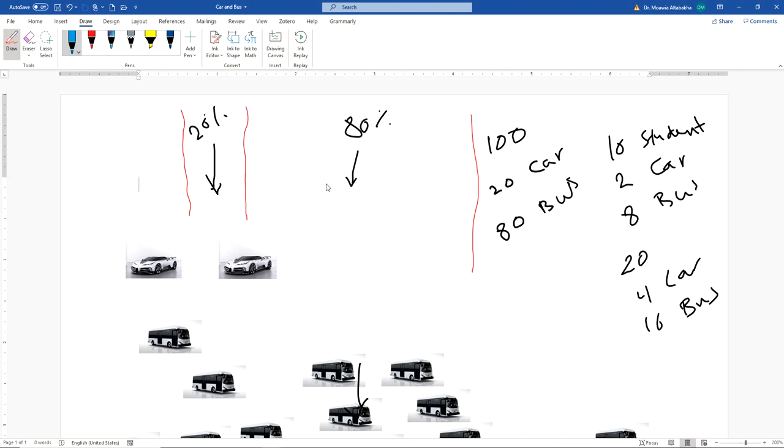But is this correct? Well, the cars can take 8 maximum. So here we reached the maximum elimination, which is 8, the maximum capacity, because I don't have so many cars. Here I reached the maximum, and this is the way I have students as a drug, and they are removed by cars or buses.